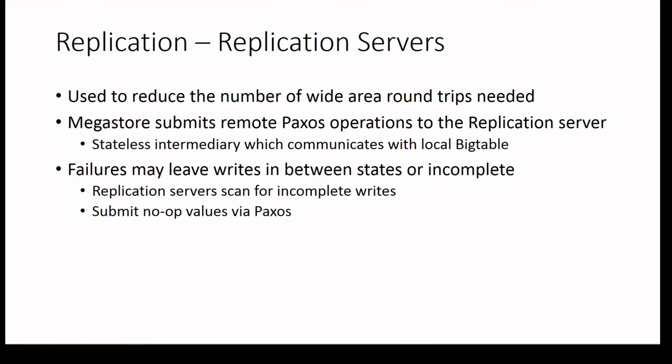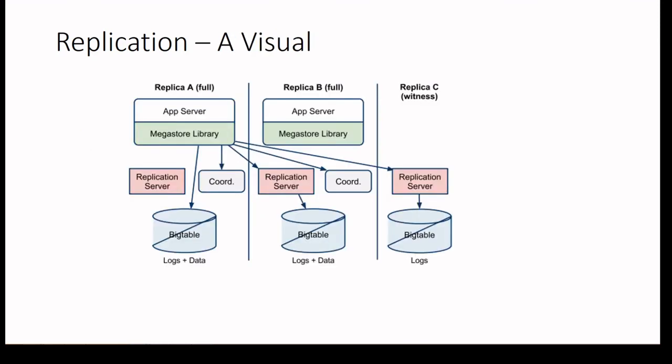They also detect and fix failures, failed writes created by a failed server or failed application. They do this just by simply submitting no-op values via Paxos to the log record that has the failed write.